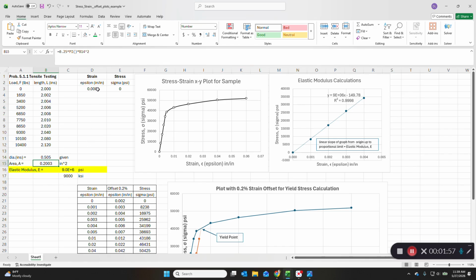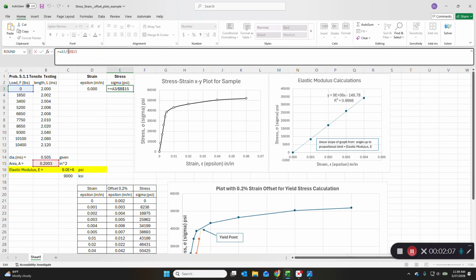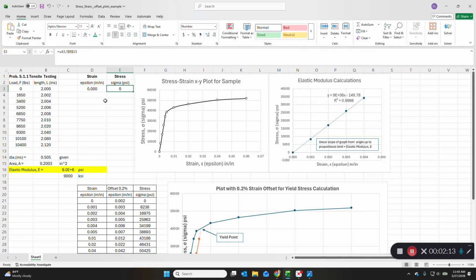In order to get strain then, let's go to stress first. In order to get stress, we take each successive load and divide it by the area. So we're fixing the area. We're using the $ absolute cell reference, and we're taking each successive load and dividing it by that area. So we do that like so, and then we can just copy down the rest of the column, and we get our stress vector.